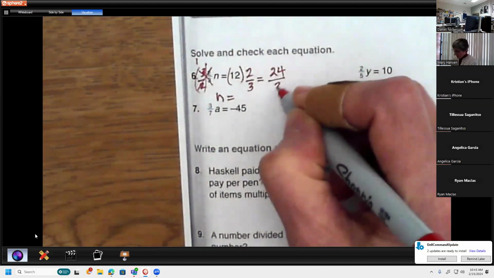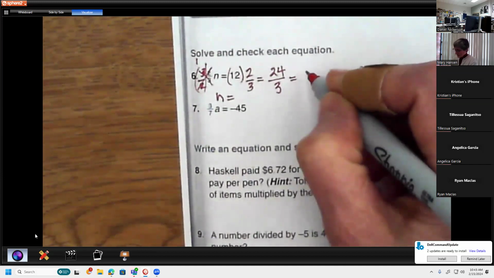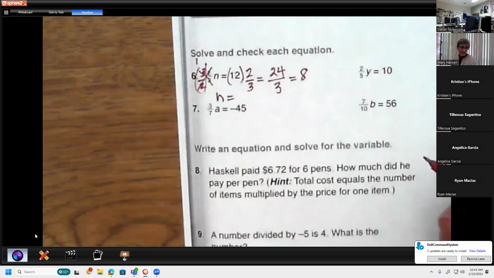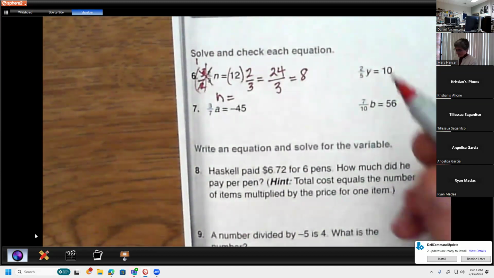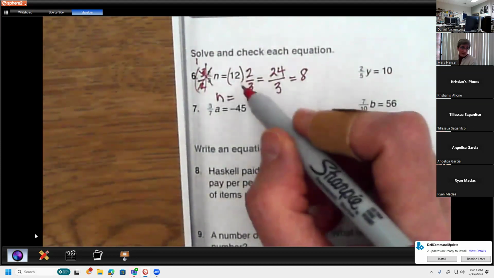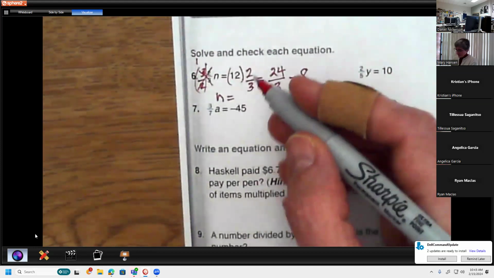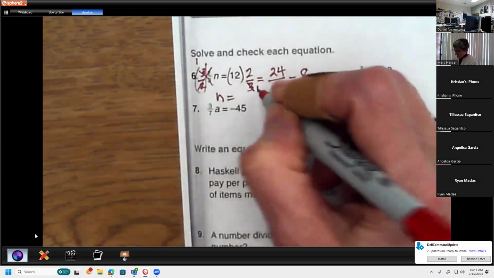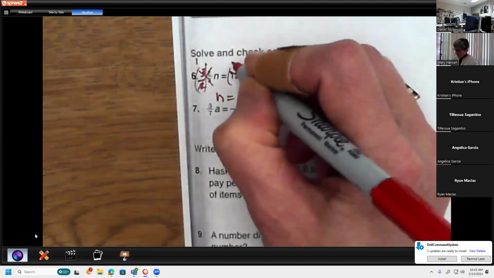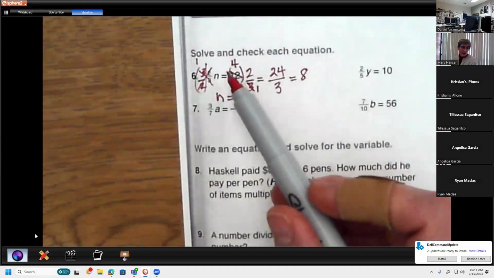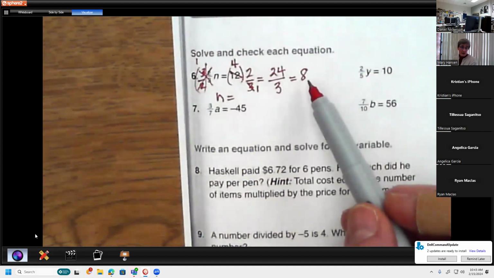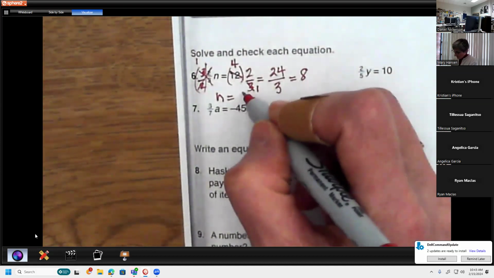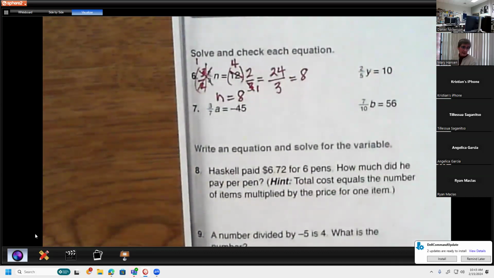There's a 3 on the bottom, and 24 divided by 3 is 8. The other way to get it is 3 divides into 12. So 3 divided by 3 makes a 1 on the bottom, and 12 divided by 3 makes a 4 on top, and 4 times 2 is also 8. And so n equals 8.